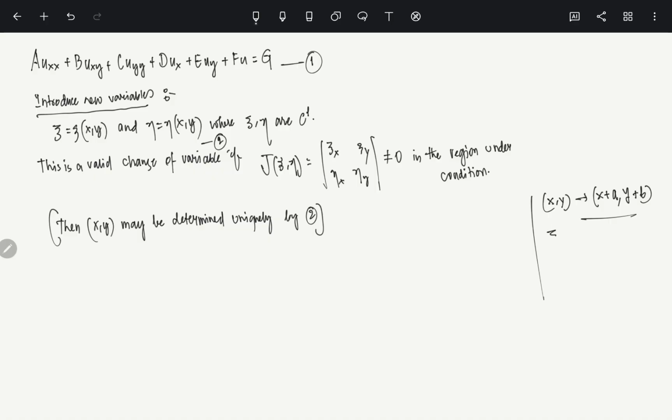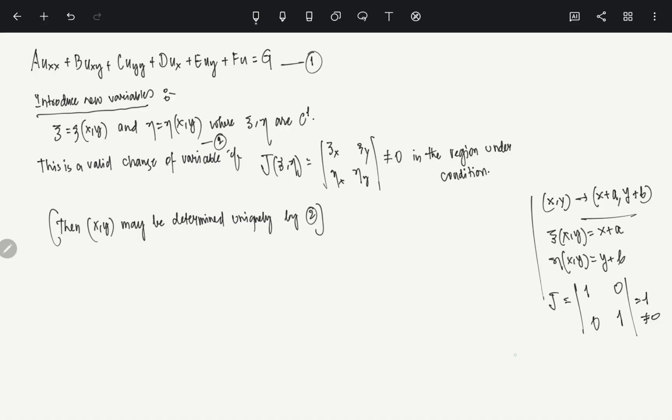In this case, xi of xy is x plus a, and eta of xy is y plus b. If you look at the Jacobian matrix, xi with respect to x is 1, xi with respect to y is 0, eta with respect to x is 0, and eta with respect to y is 1. So that is non-zero. So this is a valid change of variable.